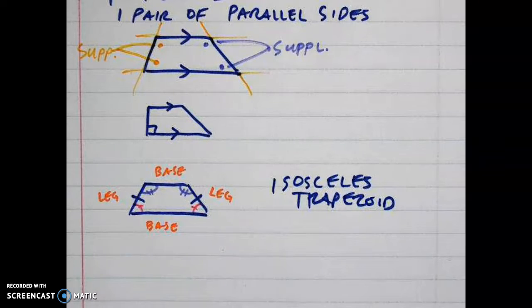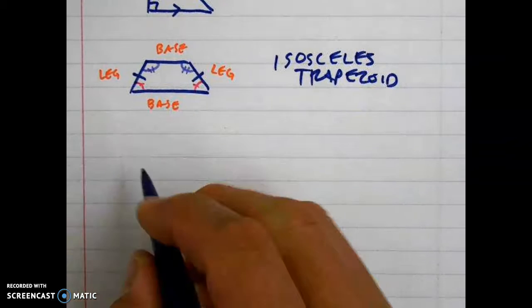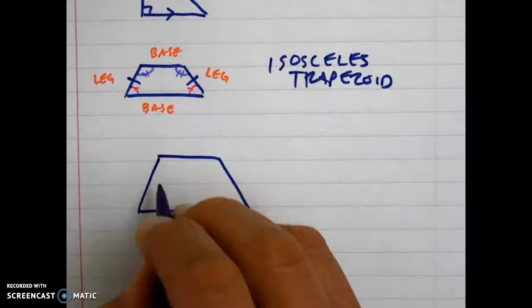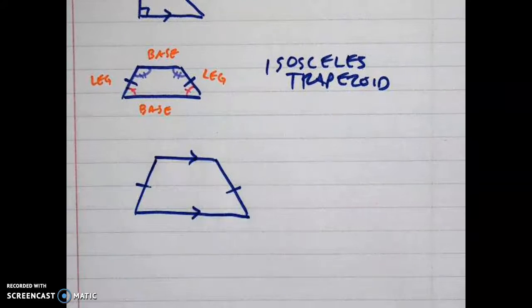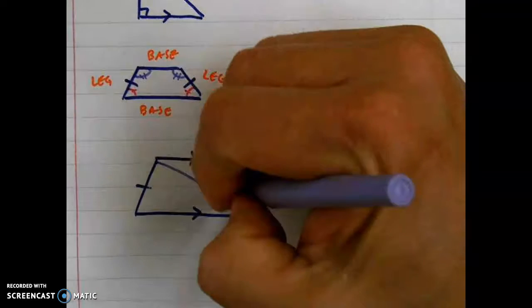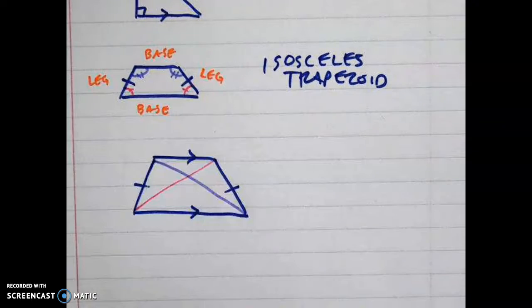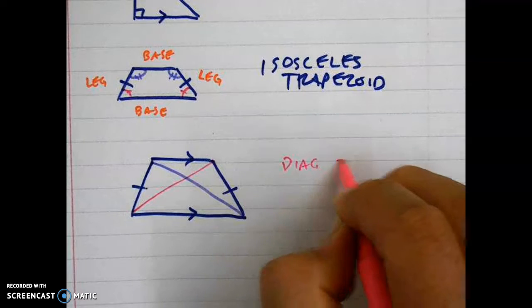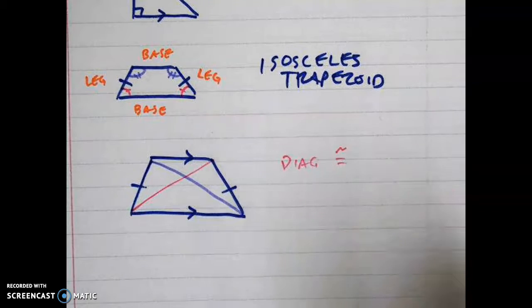Okay. Now, there's a couple things you need to know about an isosceles trapezoid. If you have an isosceles trapezoid, then the diagonals are equal to each other. So this diagonal will equal this diagonal. Okay? Those two are equal. Diagonals are, technically, called congruent.